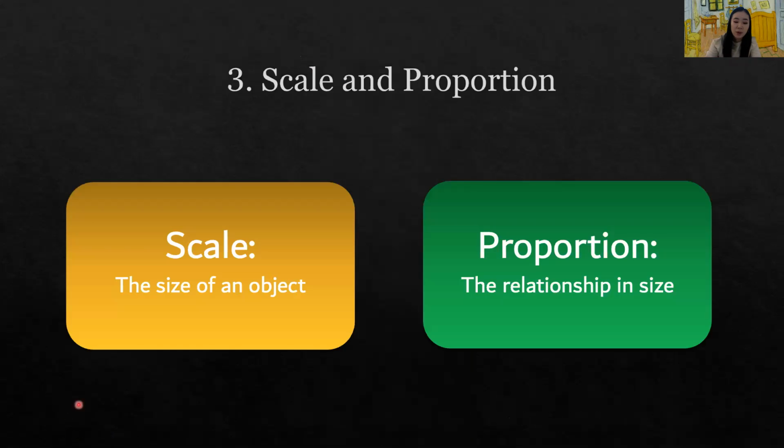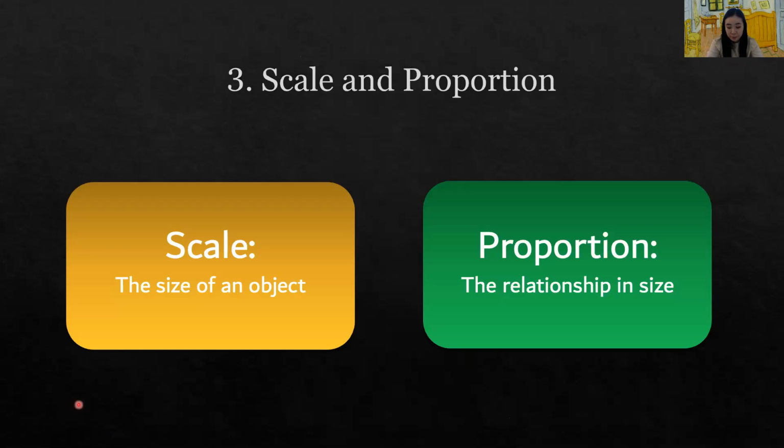So let's move on to the next principle, scale and proportion. Scale is the size of an object or artwork relative to another object or artwork, or to a system of measurement.